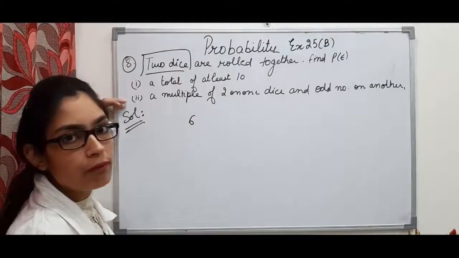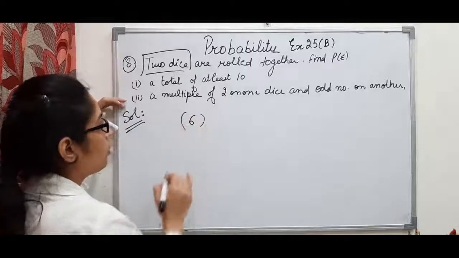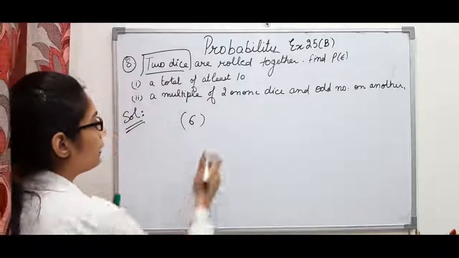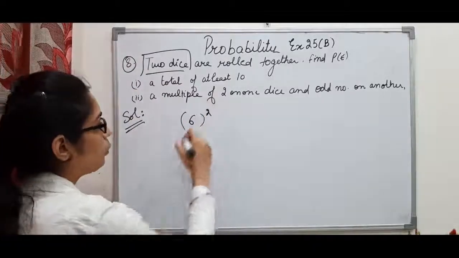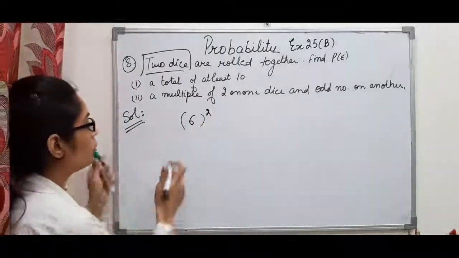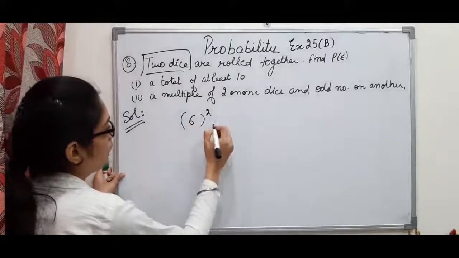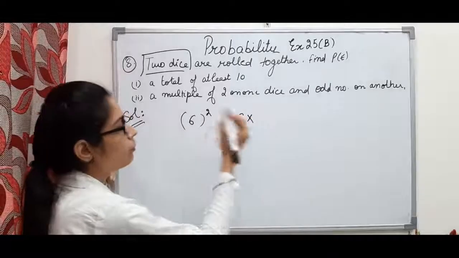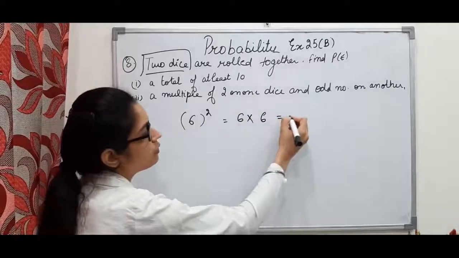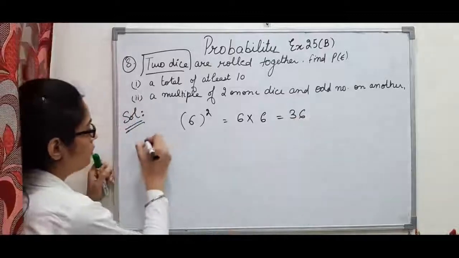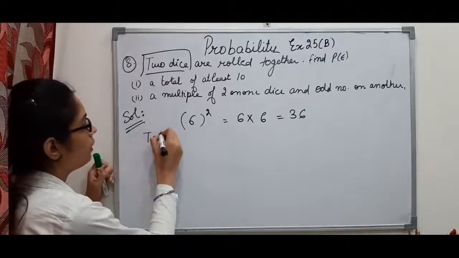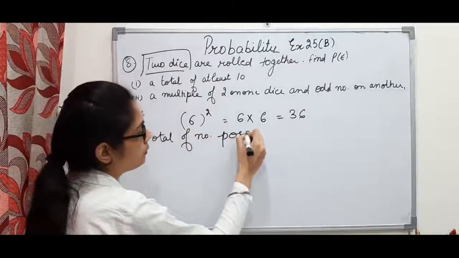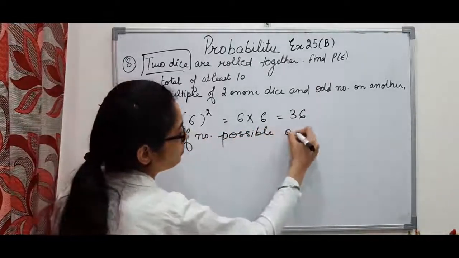So the 6 is your base, and 2 dice are rolled, so 2 is the power. 6 to the power 2 means 6 into 6, which is 36. So the total number of possible outcomes is 36.